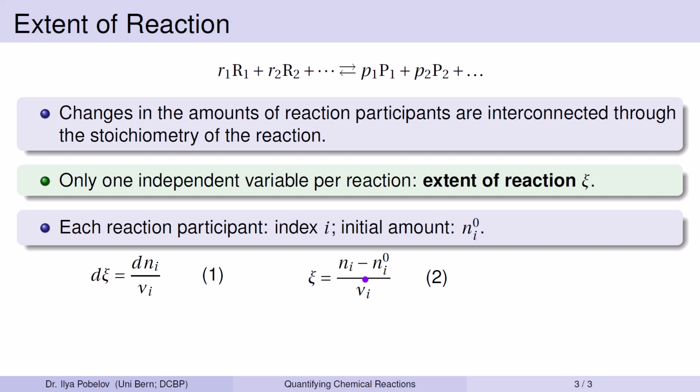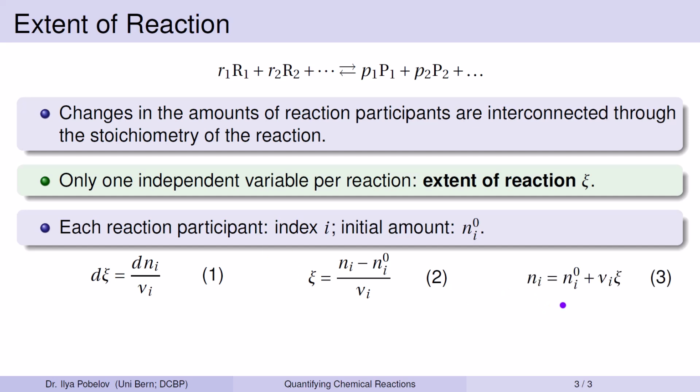Assuming that the reaction goes in the forward direction, both the change in the amount of substance and the stoichiometric number are positive for products, resulting in a positive extent of reaction. For reactants, both the change in the amount of substance and the stoichiometric number are negative, also resulting in the same positive value of ξ.